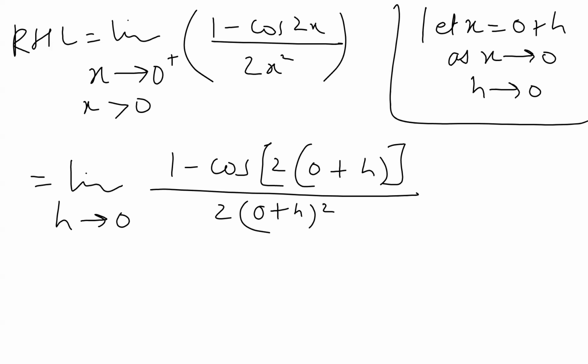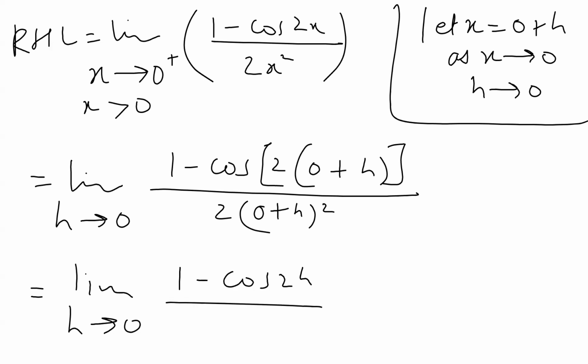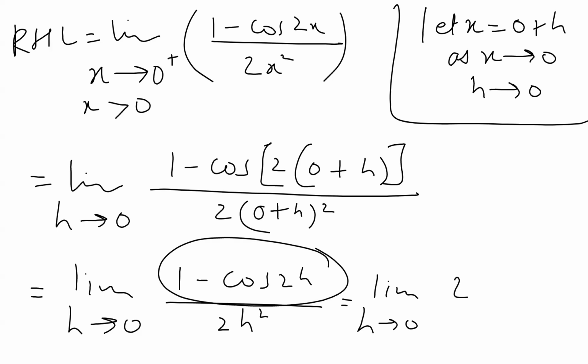Now limit h approaches 0, 1 minus cos 2h upon 2h square. Now this is 2 sine square h, the half angle formula. So this 2 and 2 will get cancelled, and we are left with sine square h upon h square.